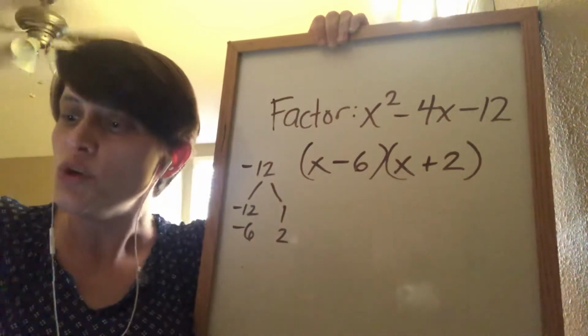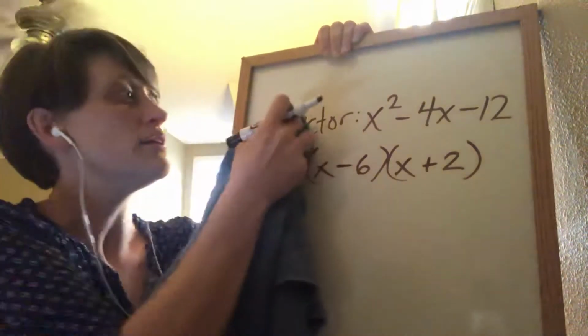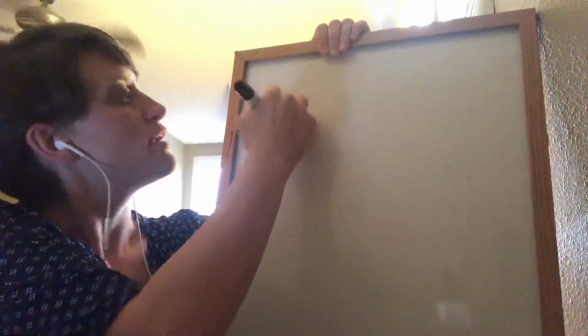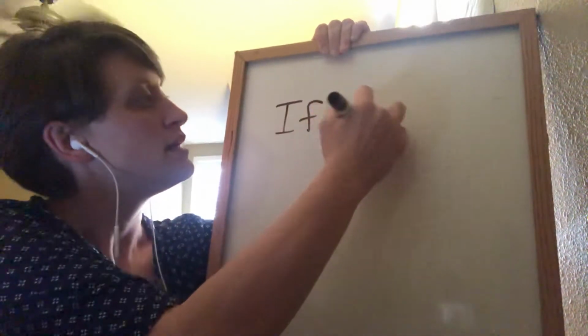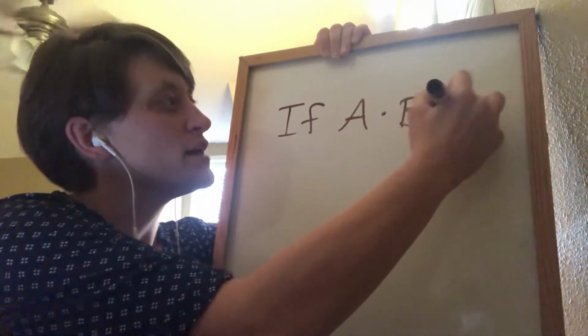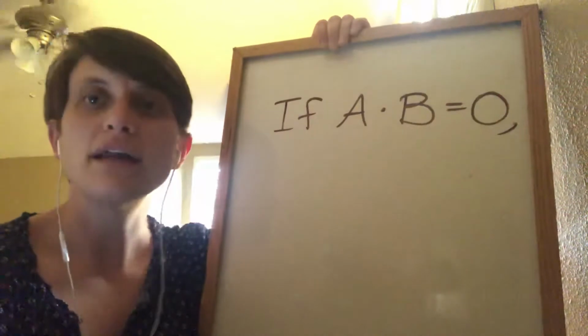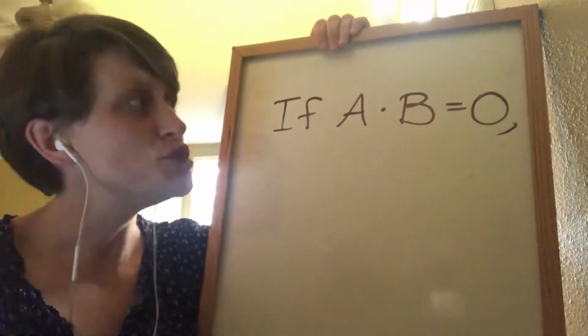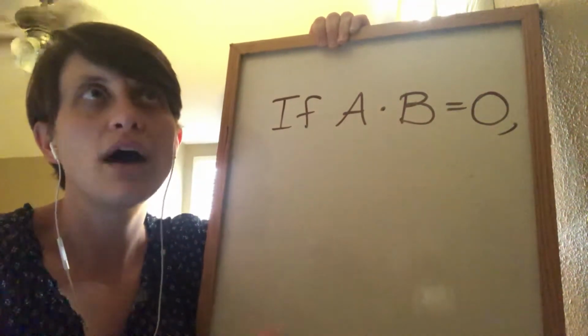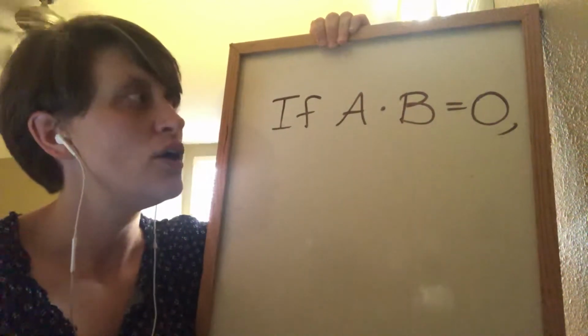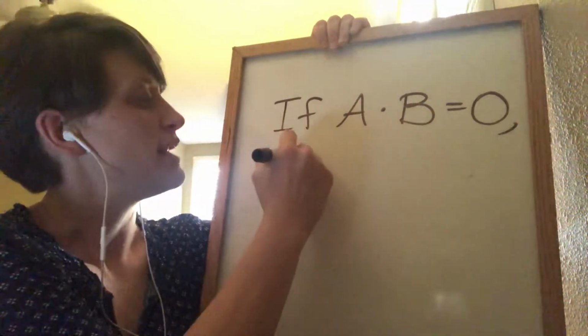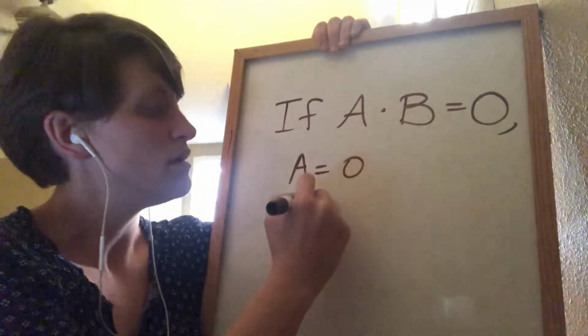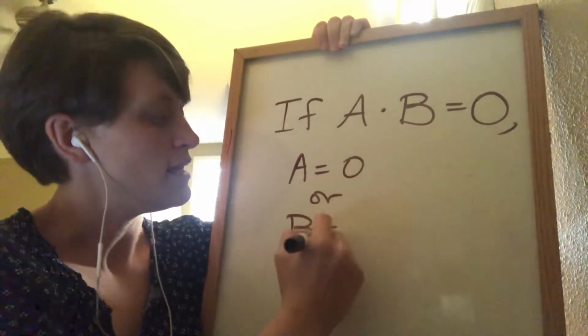So what we're going to use is something called the zero product property that everybody already knows. You just probably don't know it called the zero product property. The zero product property says, if we have two expressions and their product is 0, so two things multiplied together and the product of that multiplication is 0, what we know is that A equals 0 or B equals 0.